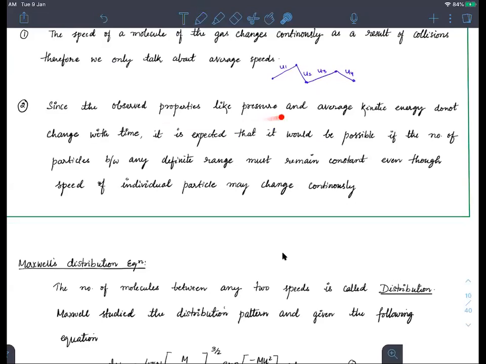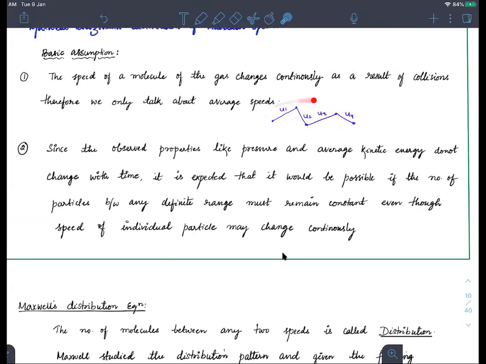Second, the observed properties like pressure and average kinetic energy do not change with time. So it is expected that the number of particles between any two definite speed ranges must remain constant, even though the speed of an individual particle may change. This average which we are drawing, like we have drawn URMS and the total average kinetic energy, and pressure, do not change as long as you keep the temperature constant, no matter how long you keep it.